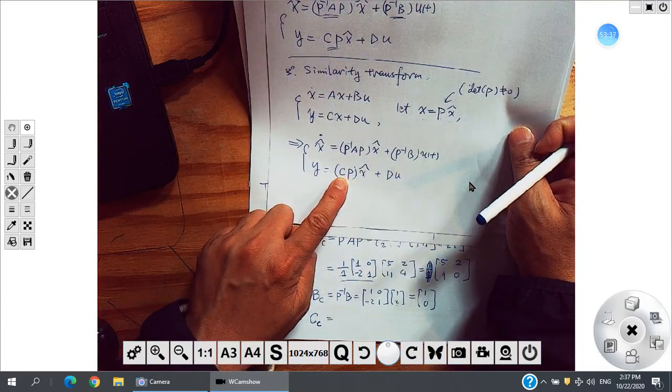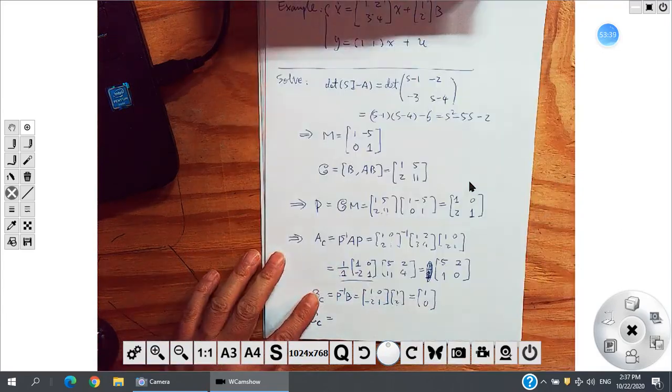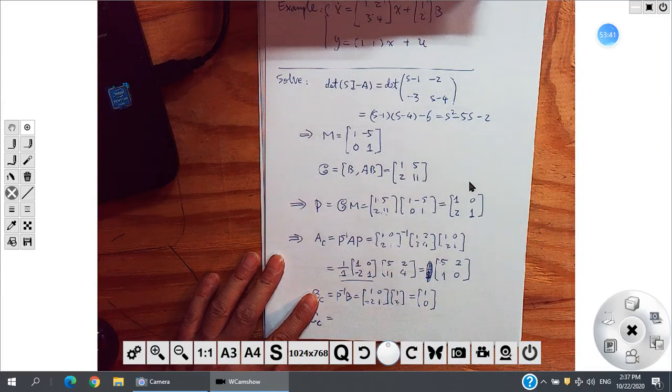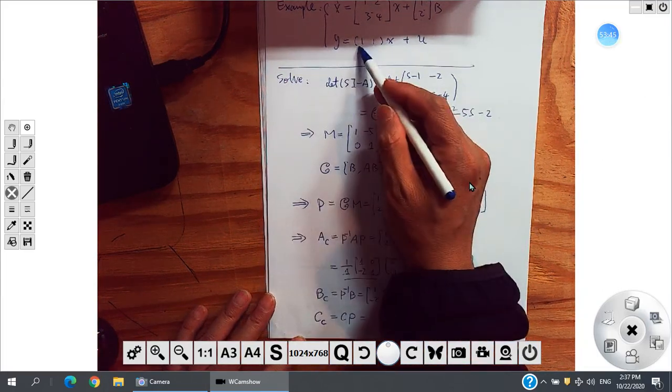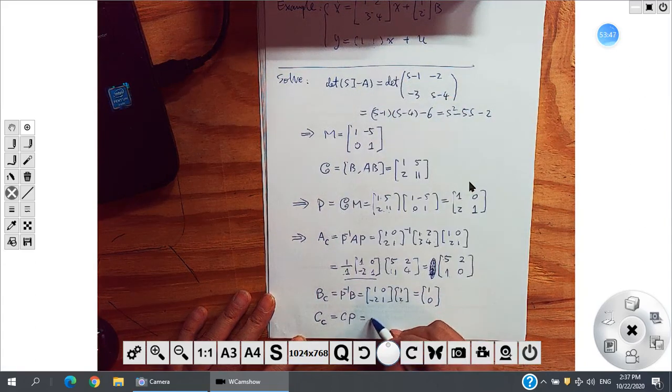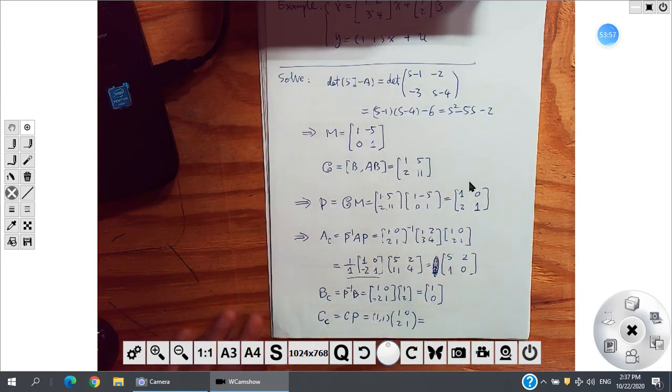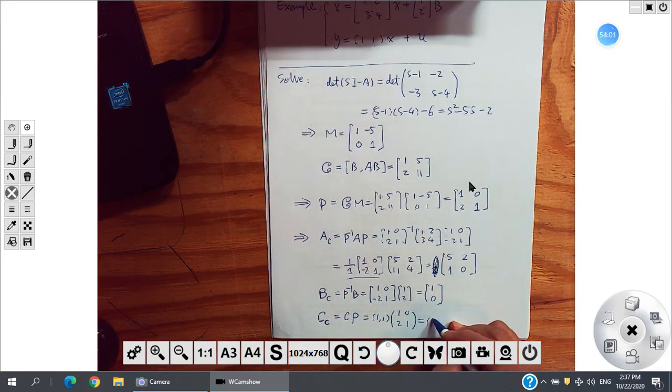The new C will be C times P. It is C times P, and C is 1, 1, and the P is this one, 1, 0, 2, 1. Okay, then let's multiply them. So 1, 1 times 1, 2, I get 3. And 1, 1 times 0, 1, I get 1.